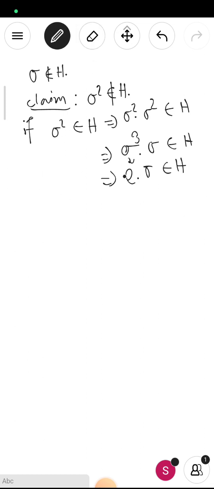So sigma cubed equals E, which implies sigma belongs to H, which is not possible.